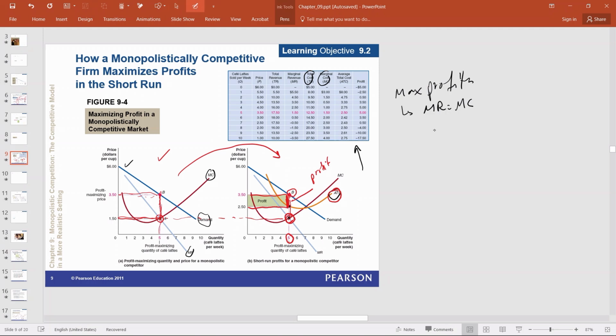So this is monetary unit, like price, cost, and marginal revenue, marginal costs all come here. And we have this demand curve, and beneath it is the marginal revenue. And this is the marginal cost.